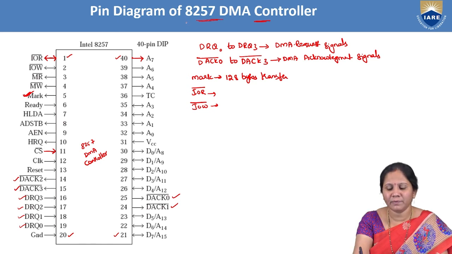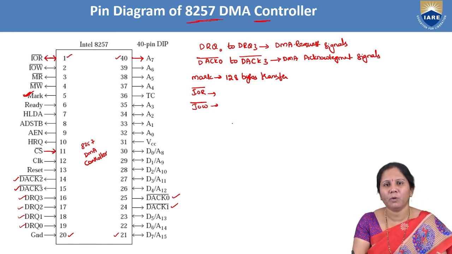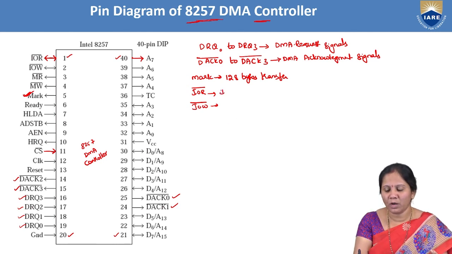Just as we have discussed, this 8257 can be operated in master mode and slave mode. Based on the mode, those signals act as bidirectional signals. In one mode they act as input signals, in another mode they act as output signals. IOR represents IO read and IOW represents IO write.